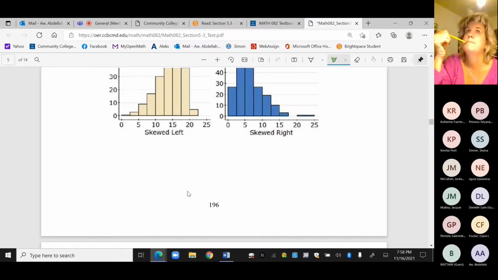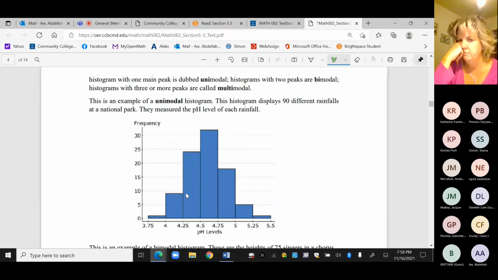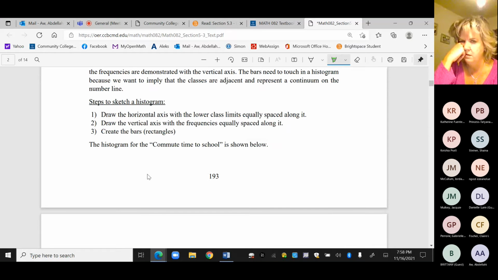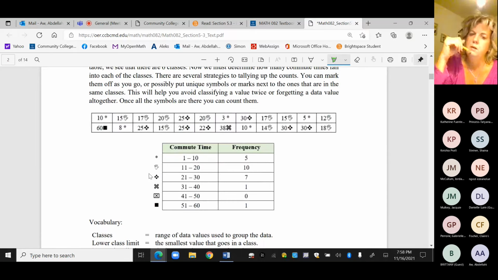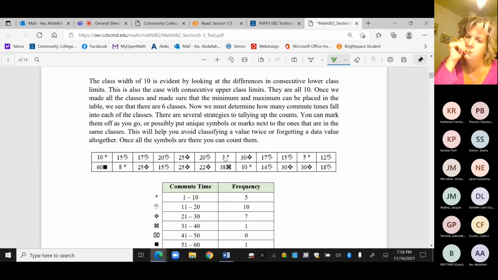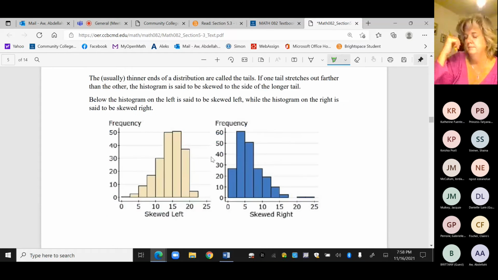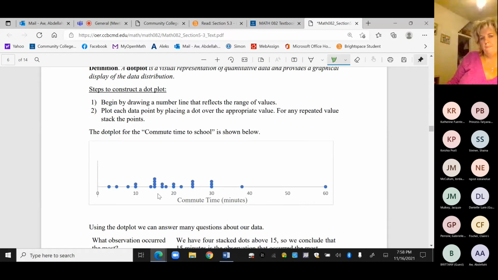You see, how many times do we have the data 3? Only 1 time, right? 3 is only 1 time. Look at that plot. We have 3 right here.